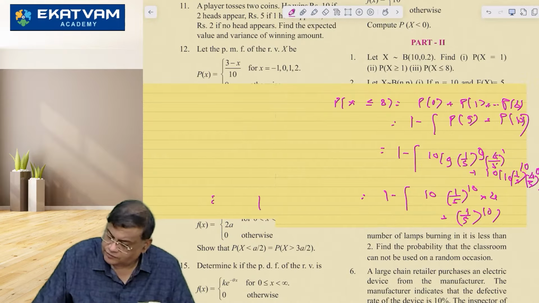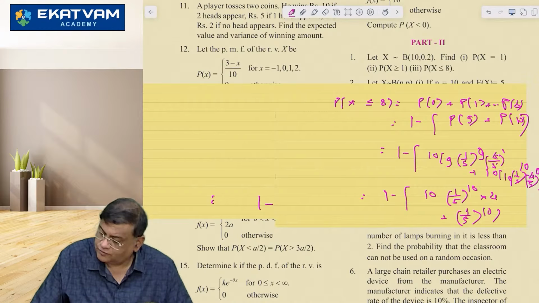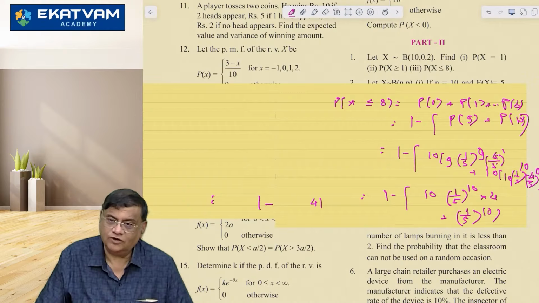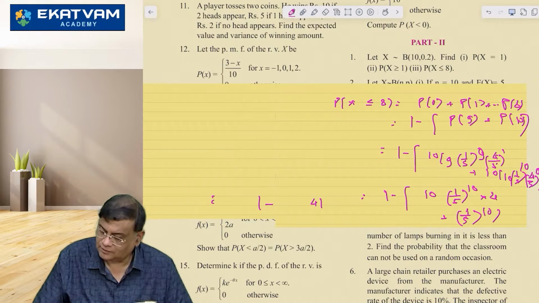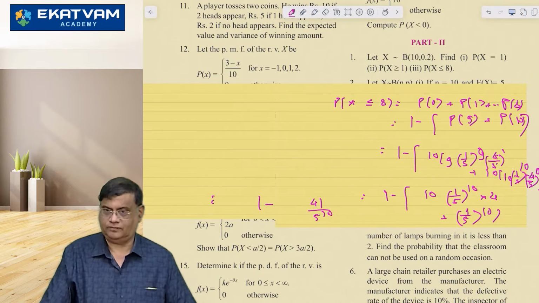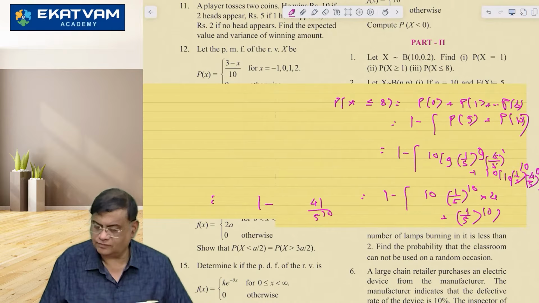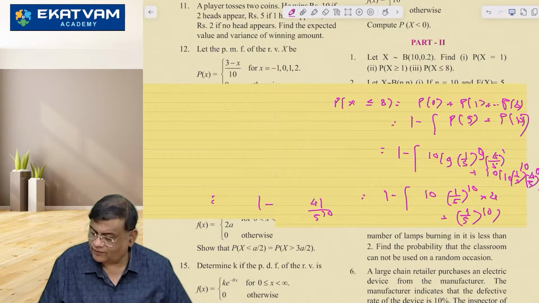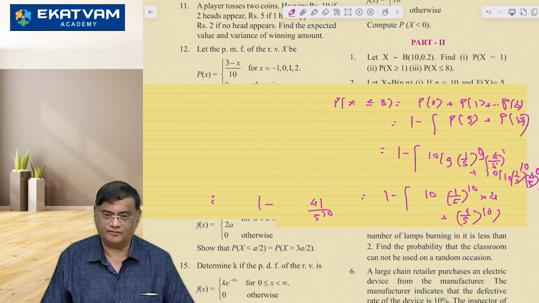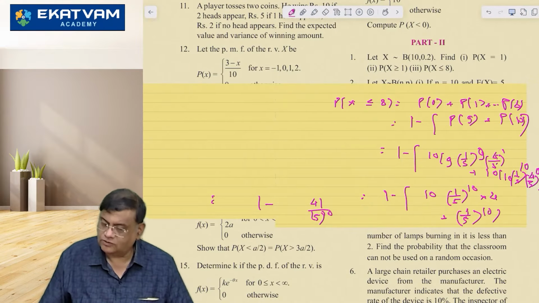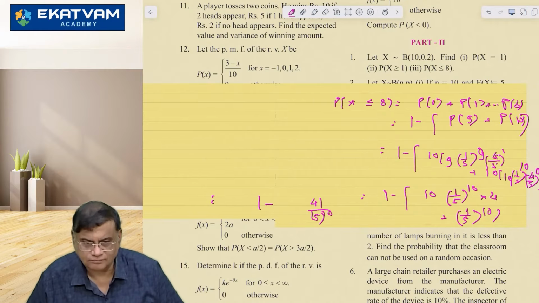That means this is 1 minus, it will be 40 plus 1, 41. 40+1 41 होता है ना, अपॉन 5^10 याचा आन्सर. तो इसको ब्रॅकेट करो नहीं तो गड़बड़ होगा.